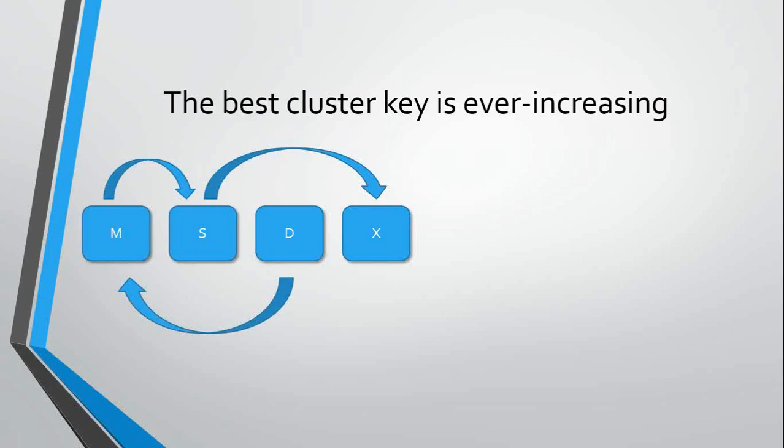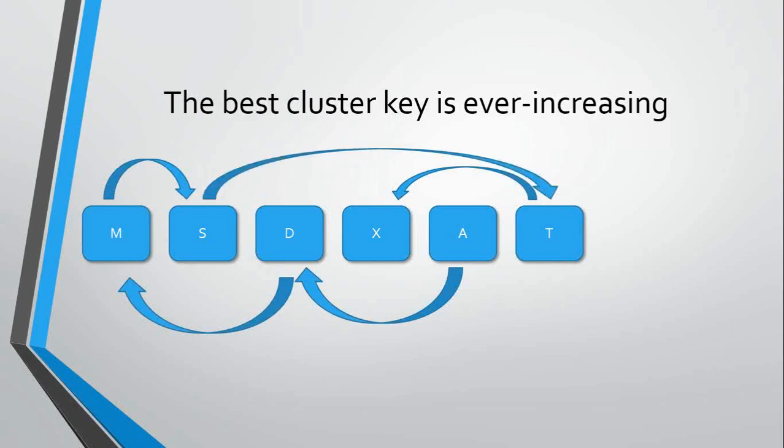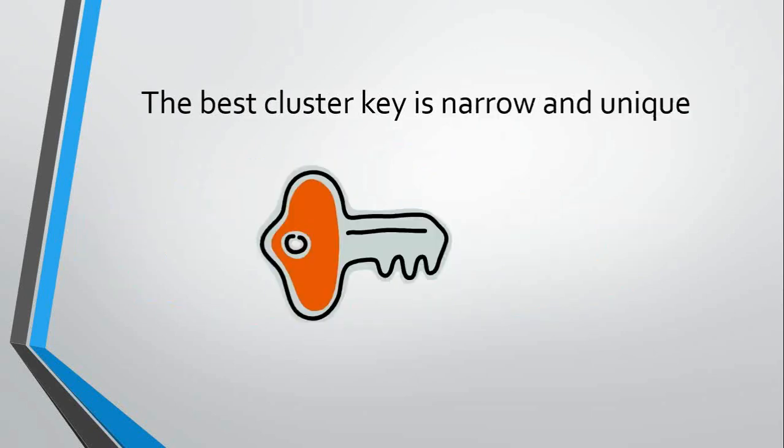So let me show you what happens. After I have my X, I'm going to insert an A, and A has a pointer to D. Now I'm going to insert a T. Well, you can see a problem. T is actually between S and X, so I'm going to create a pointer to X, remove the pointer from S to X, and then point to T. Then I've got an F, so I'm rearranging pointers again.